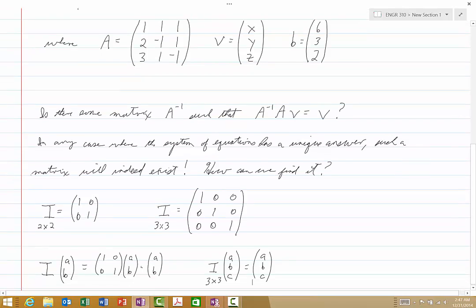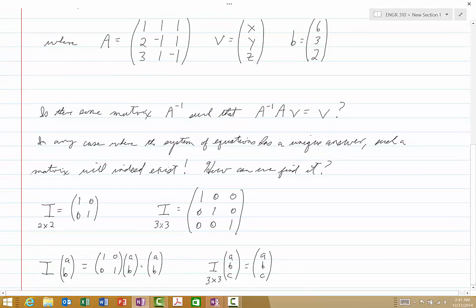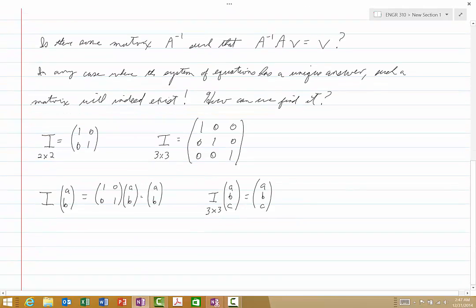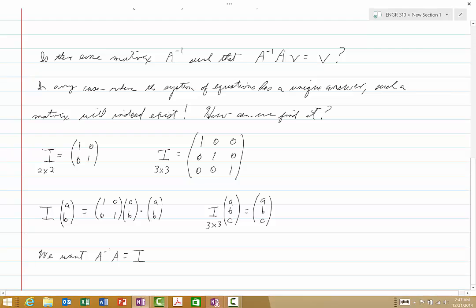So the idea here is that we want to find this A inverse so that A inverse times A will give us the matrix equivalent of the number 1. And that matrix equivalent of the number 1 is the identity matrix. So we want A inverse times A to be equal to the identity matrix, because then, coming back up to this equation, if A inverse A is equal to the identity matrix, we know that the identity matrix times V will indeed give us V.